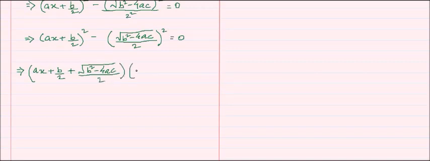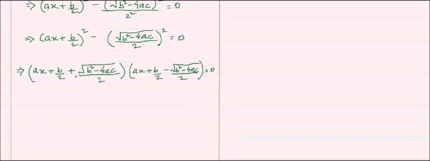And again we will be writing ax plus b by 2, because the whole of this is equal to a, and minus b. B is this part. So we write under root b square minus 4ac by 2 equal to 0.